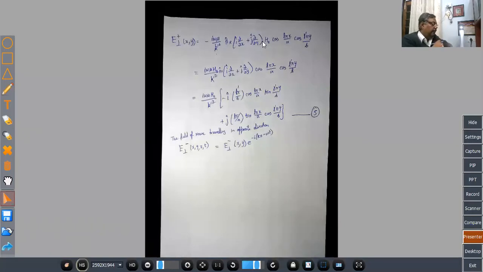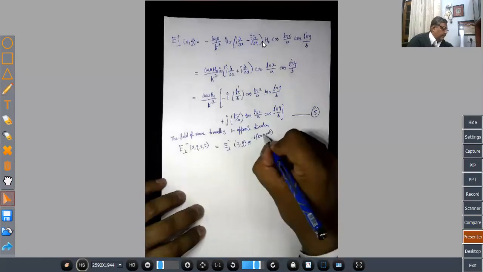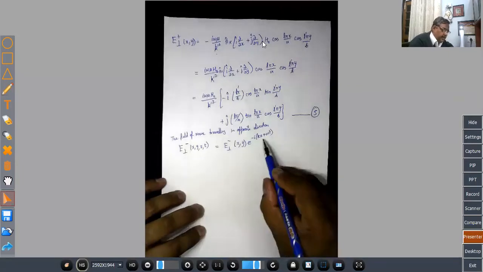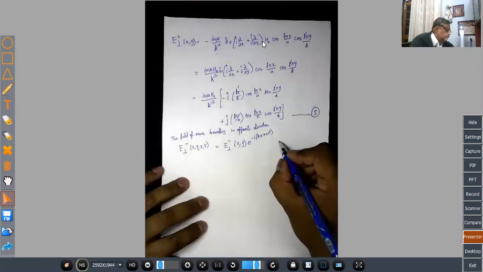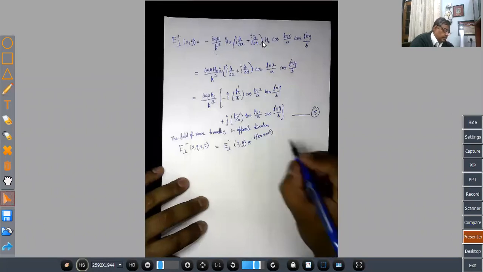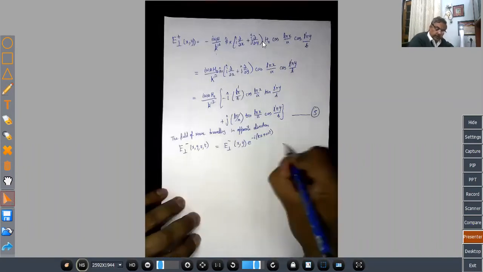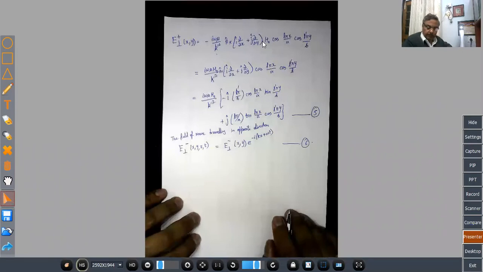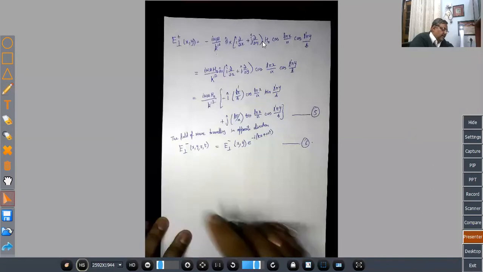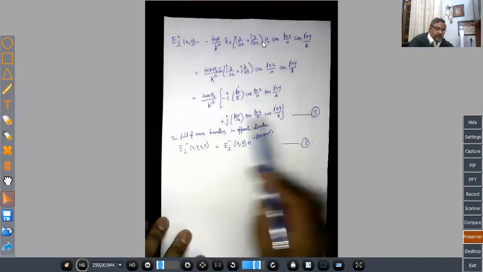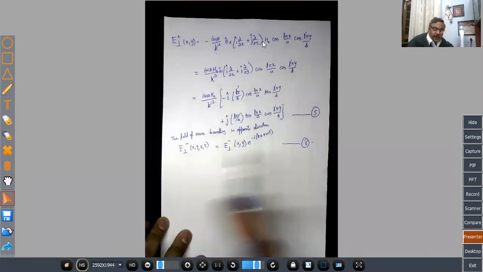The sign of this term will be changed. So this is a forward traveling wave traveling in the positive z direction. This is the wave traveling in the negative z direction.